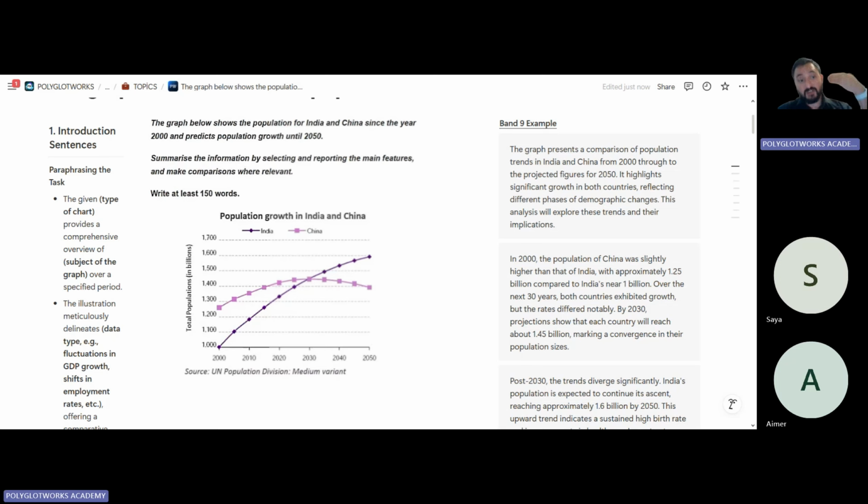Over the next 25 years, however, the gap between the two countries narrowed considerably. The gap, the difference between them, goes like this and it's closing, right? Till convergence. The gap is narrowing, closing considerably. It means significantly.